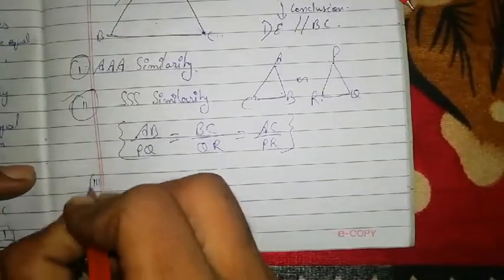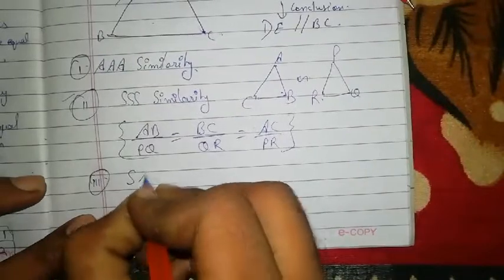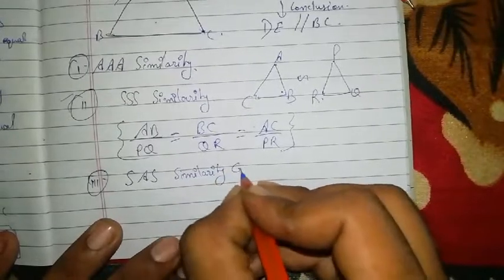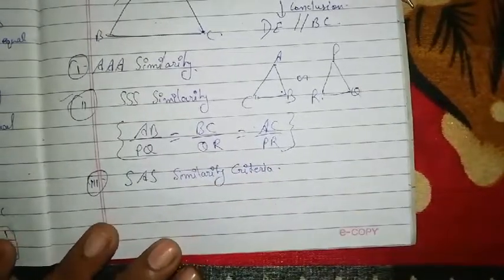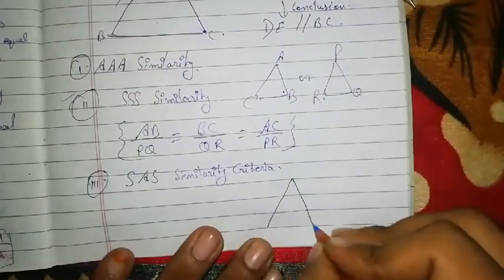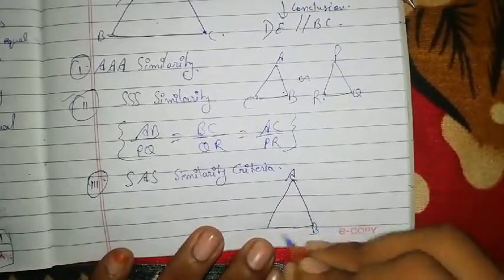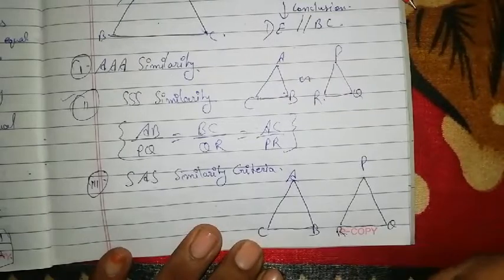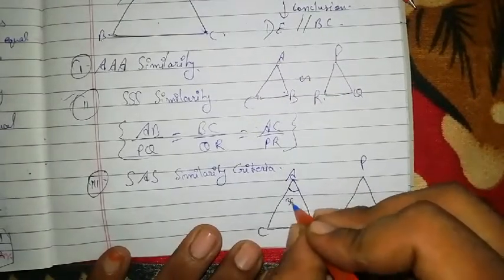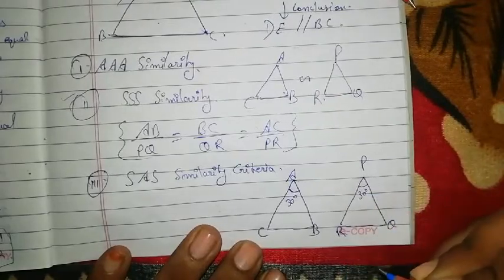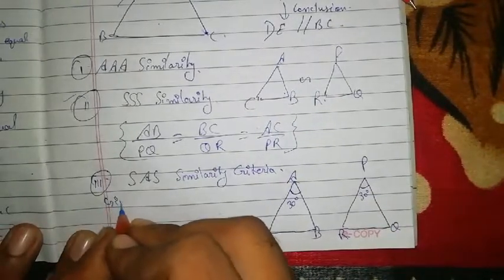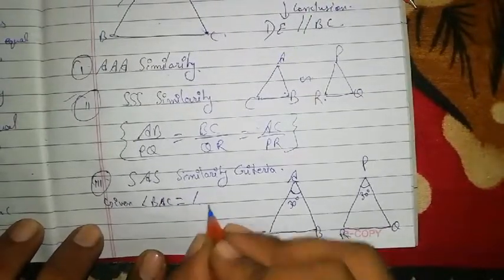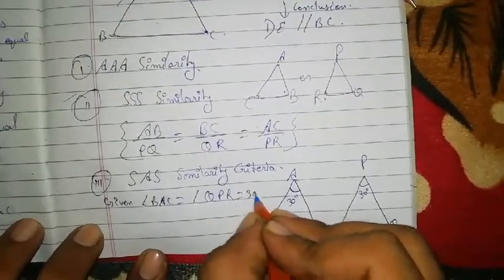Now the third and important criterion is side angle side similarity criterion, which says that if we have two triangles, suppose this is A, B, C and P, Q, R. Suppose this angle is 30 degrees, so this is also 30 degrees. What is given is that angle BAC is equal to angle QPR is equal to 30 degrees.